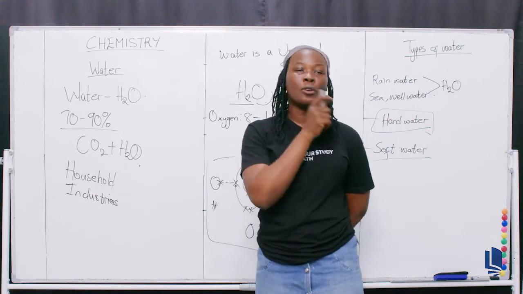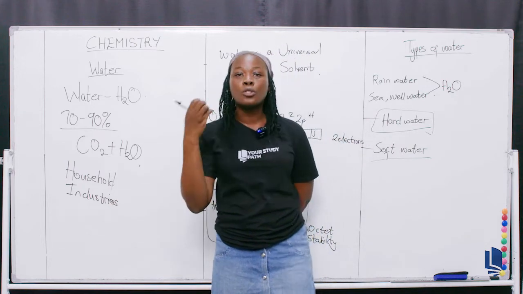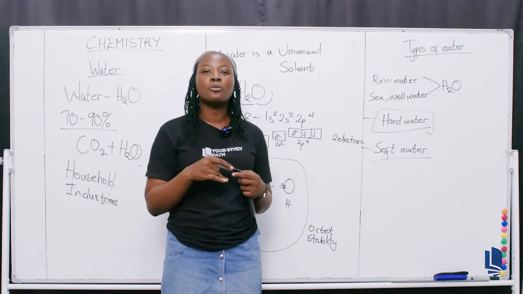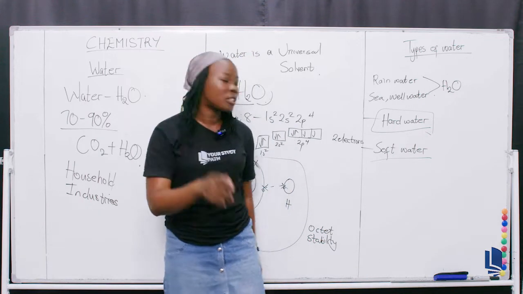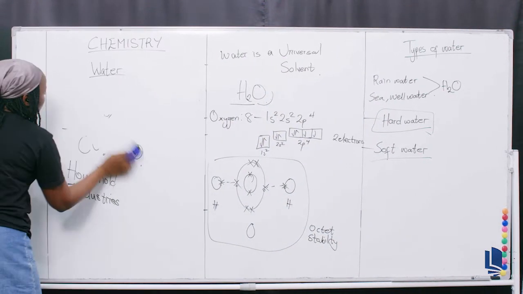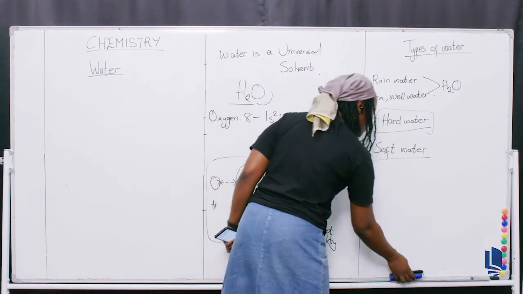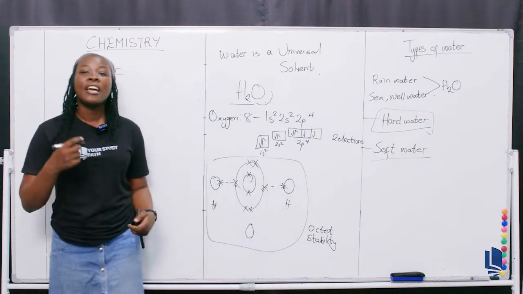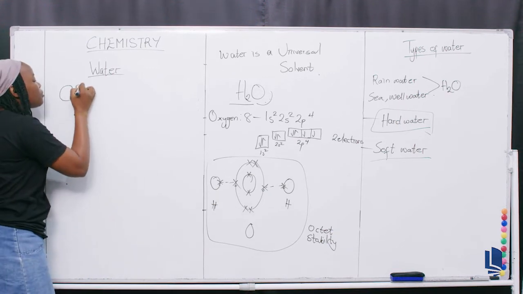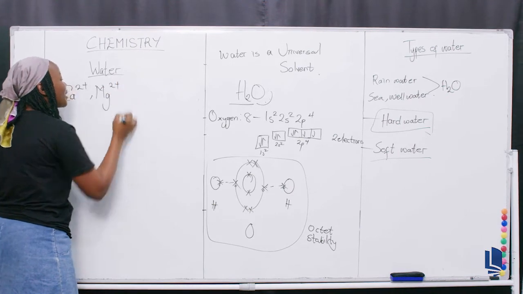Why wouldn't hard water form lather easily with soap? Because there is something there. So let's move on to talking about hard water. We know for sure that hard water will not form lather easily with soap, but soft water would. It's because of the presence of calcium ion and magnesium ion.